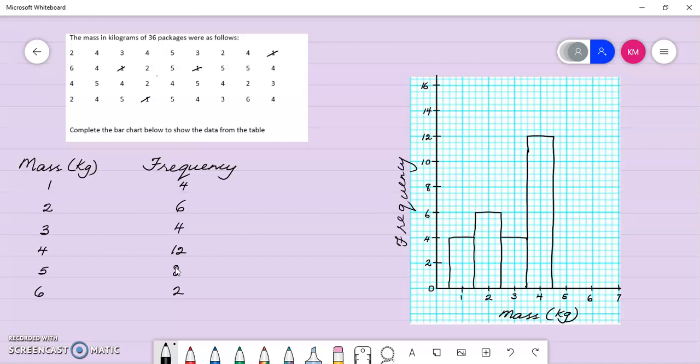So I'm going to locate 8. 8 is here. And 6, my frequency is 2. And that there is your bar chart using a frequency table.